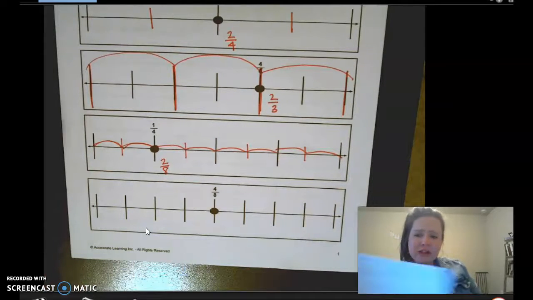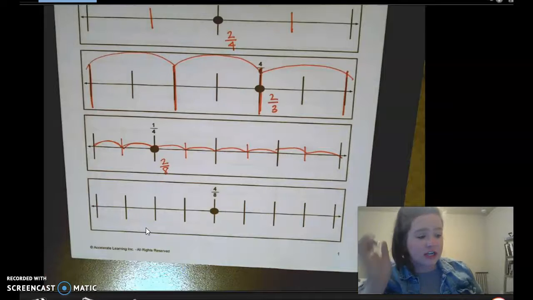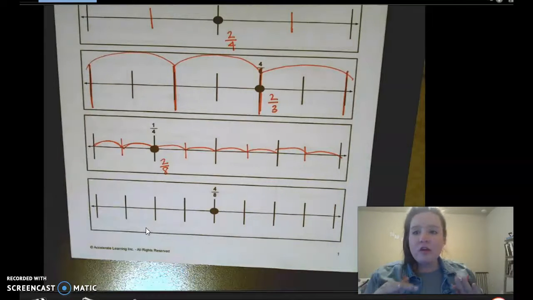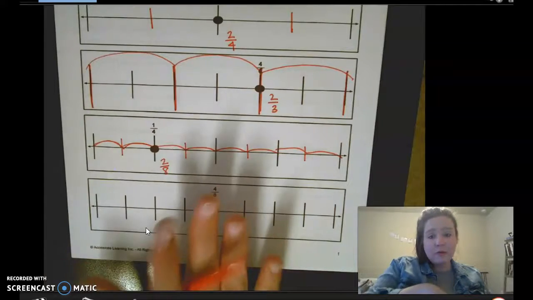Okay, so I'm going to show you what some of your questions are going to look like. Now that you've seen your fraction pieces done with pictures, and you've seen it done with number lines, I'm going to show you what some of your questions would look like when you're taking your assessment, okay?